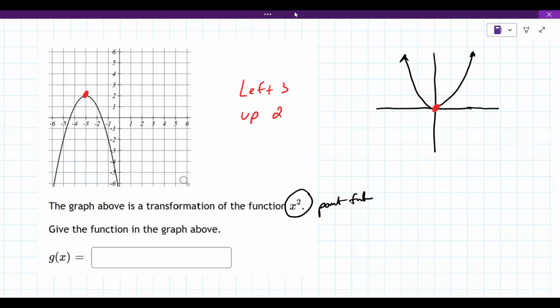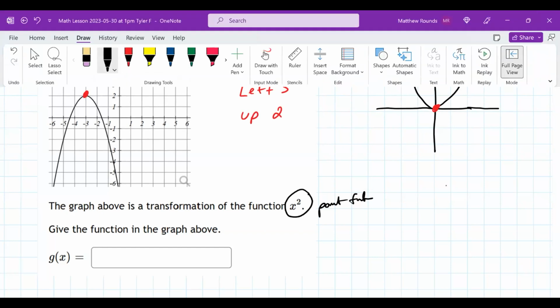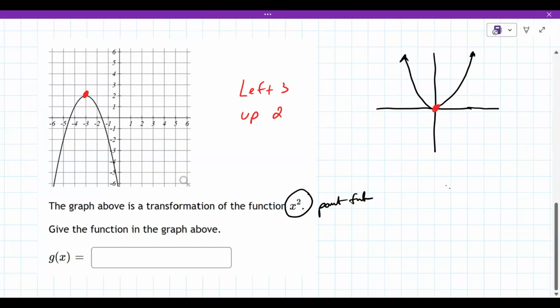Okay, so really quick, because I've already gone through these lessons a little bit, what I would do right here is look at that and say left 3. So technically x plus 3 in the parentheses, and up 2 would be +2 outside of the parentheses.